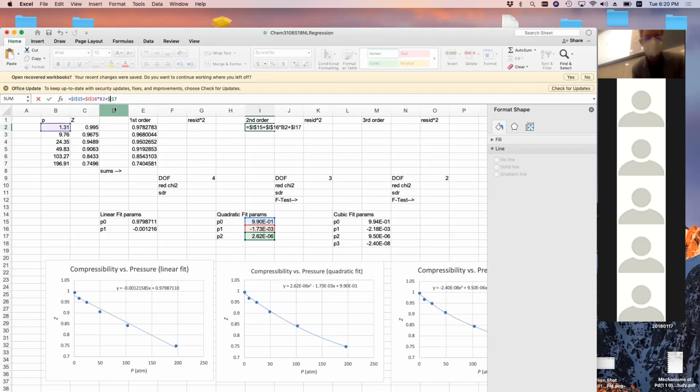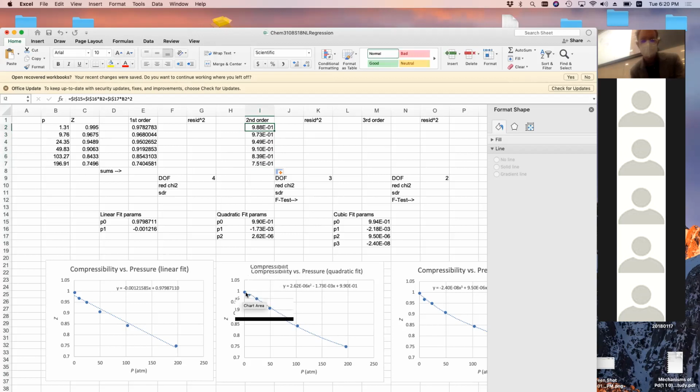So the quadratic coefficient times the square of the X value. So I'm going to raise this to the power of 2. Okay. And then if I drag this formula down, then I get points corresponding to this fit.